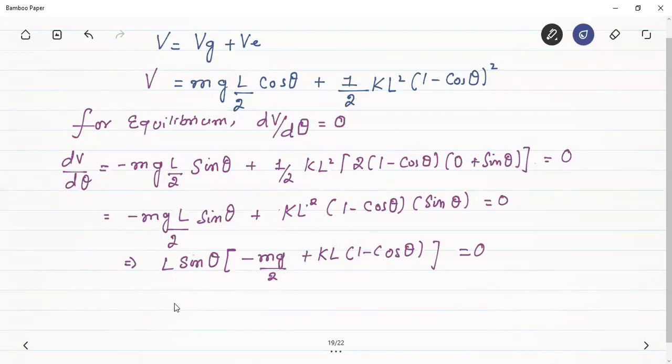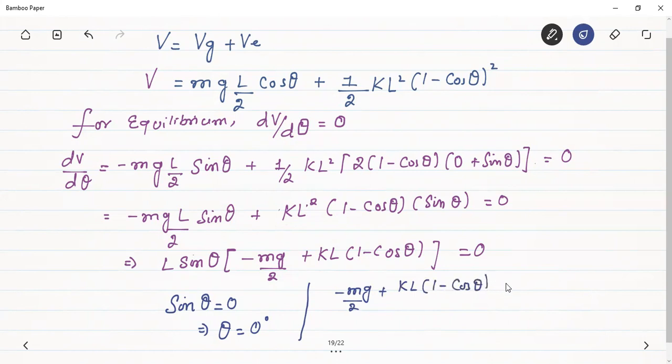The first is sine theta should be 0, which implies that theta is equal to 0 degree. Okay, so this is one value, and another value can be found out by this term in the brackets. This should also be 0 for this whole term to be 0. Therefore, we can write minus mg by 2 plus kL (1 minus cos theta), that is this term in the brackets, should be 0.